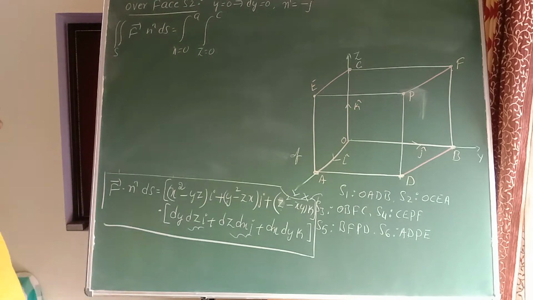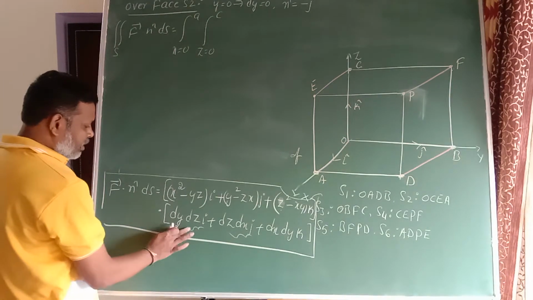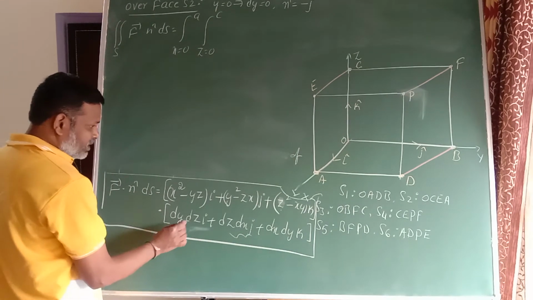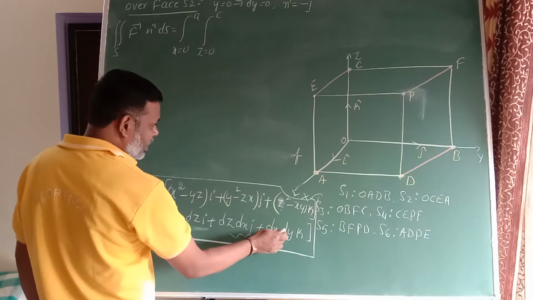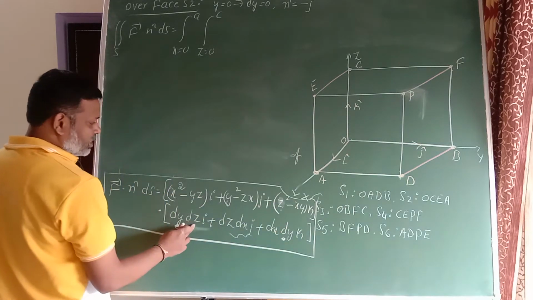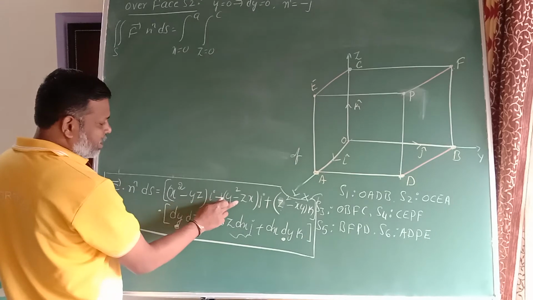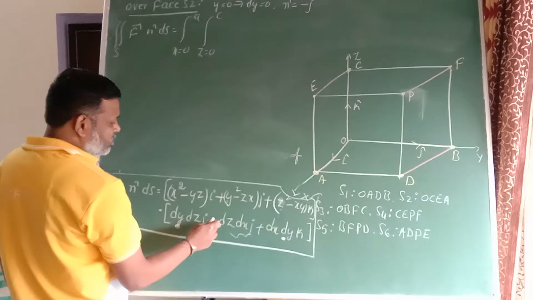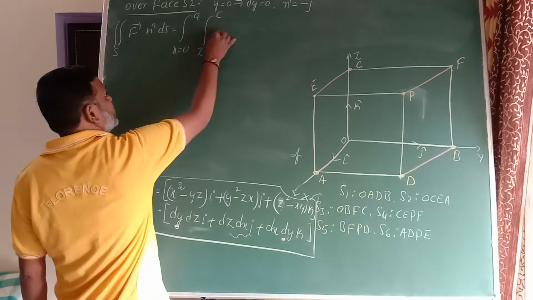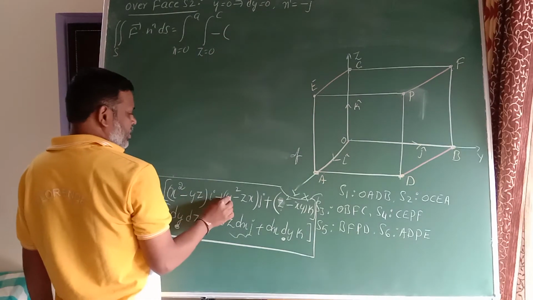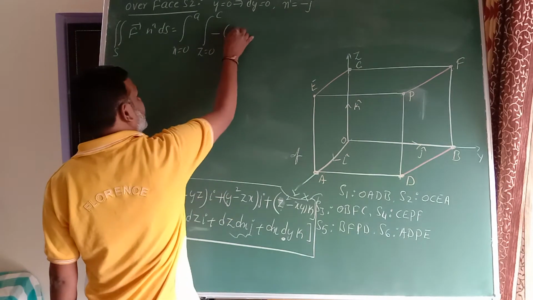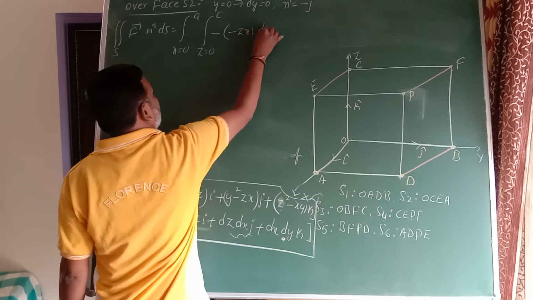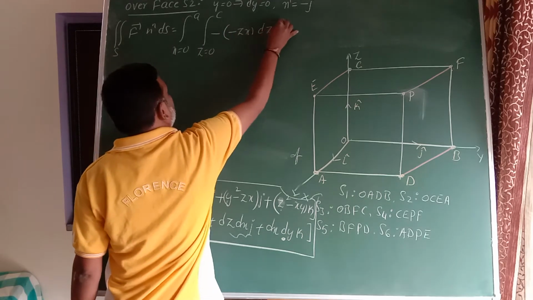Now what happens here? Look at that, dy is equal to 0. Here also dy, here dy is there, here dy is there. So the k component and i component go away. Y is equal to 0. The remaining is minus zx into j, which is nothing but minus j. So this becomes minus of, where y is 0, the remaining is minus zx into dz into dx.